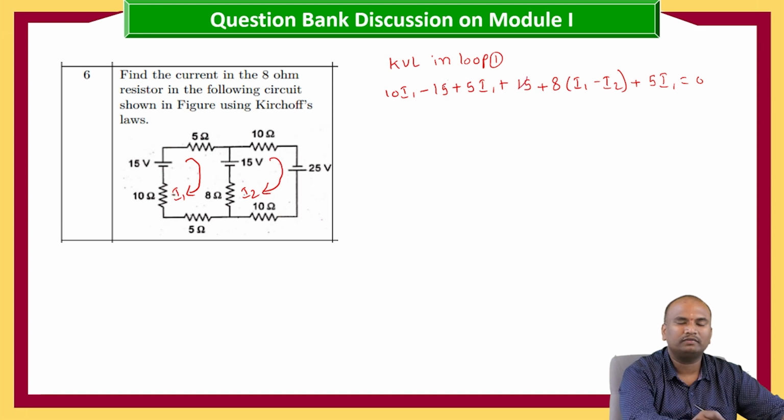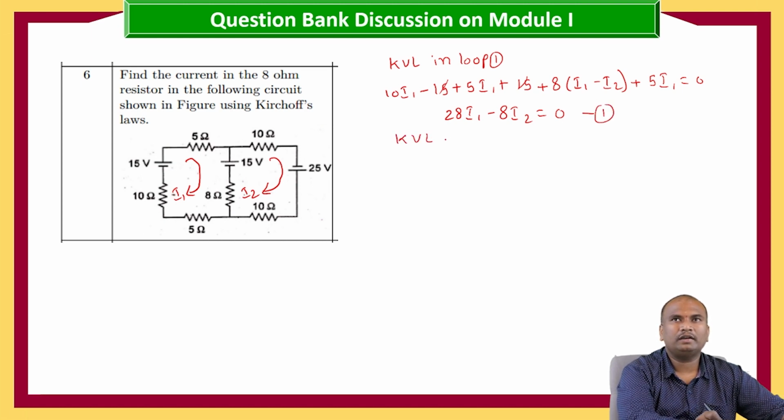Here this 15 and 15 will get cancelled. 10 plus 5, 15, 15 plus 8, 23 plus 5, 28 I1 minus 8 I2 is equal to 0. This is our equation number 1.